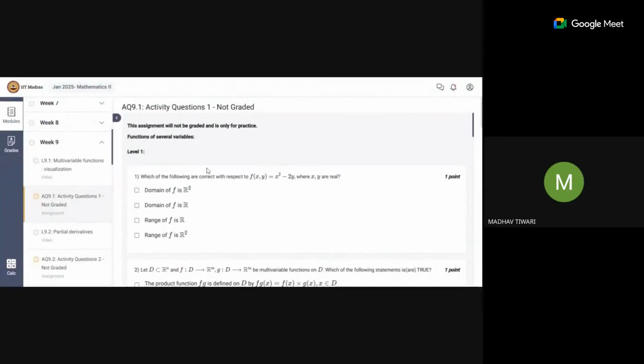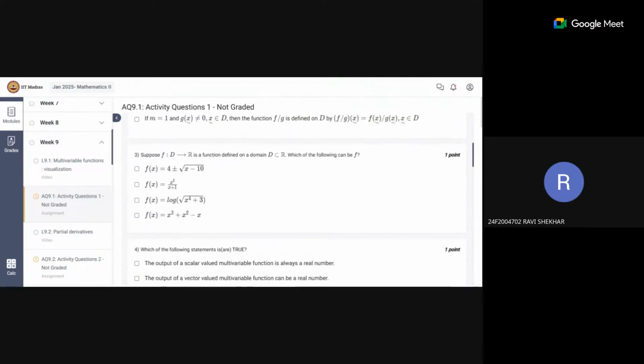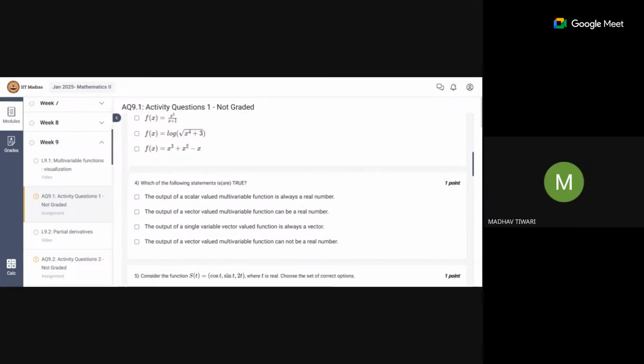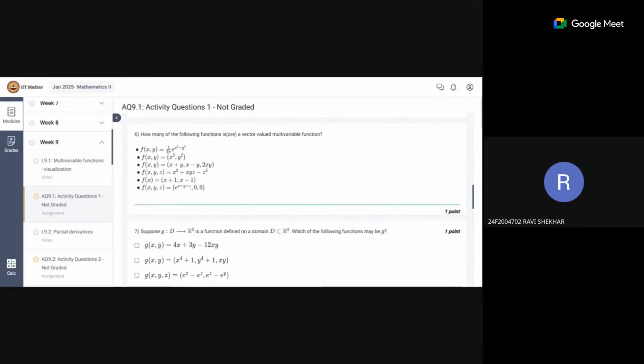So there is a question in activity 9.1, the sixth question, sir. It's giving the answer as 3, but I'm getting 4. Okay, first let's focus here. It is asking vector valued, which means the codomain space has dimension more than 1.